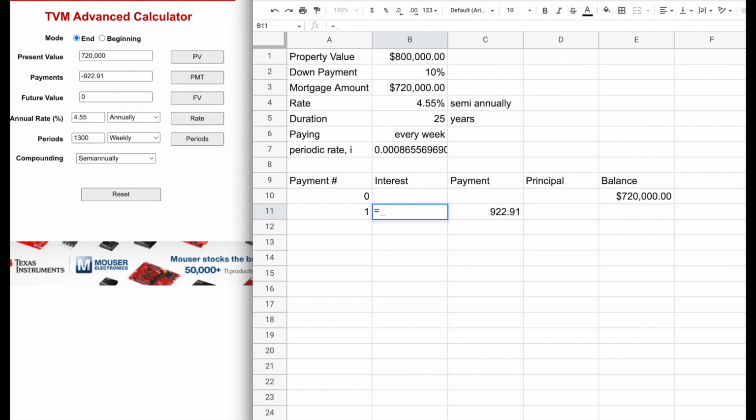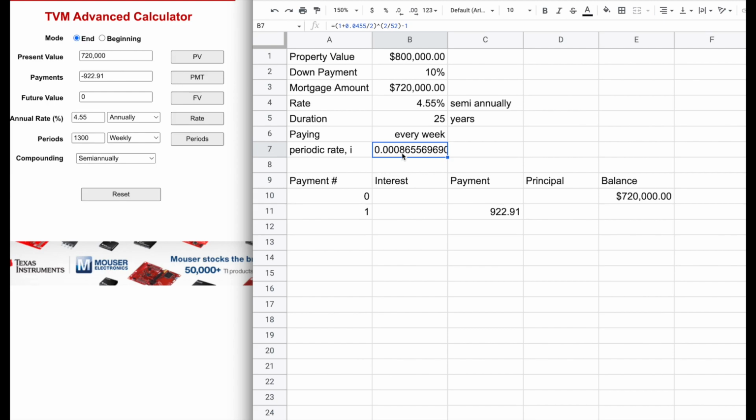So I'm going to press equals, and just like what you would have done in class, it's the balance, and then we're doing times. The star is times in the spreadsheet, and we just click on the periodic rate. Okay, and I'm actually going to do something a little bit different. I'm not going to click on the B7.